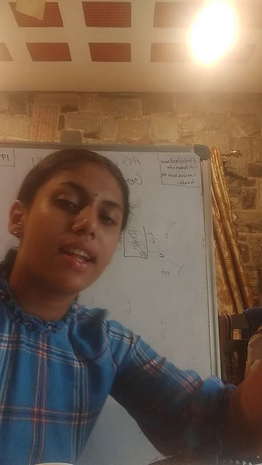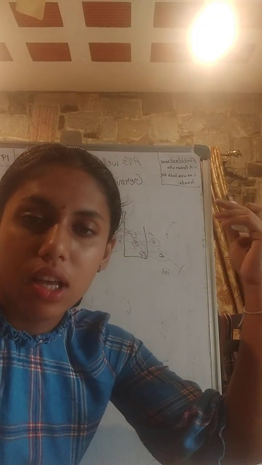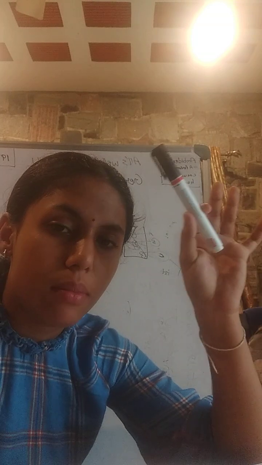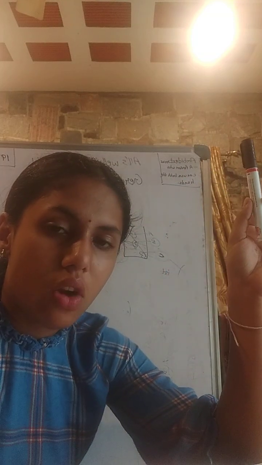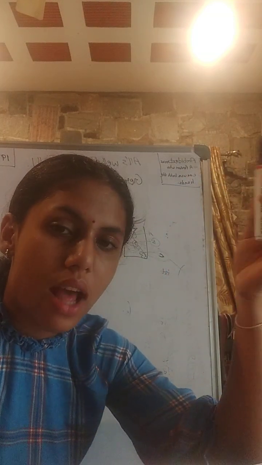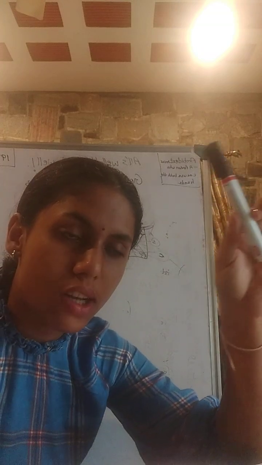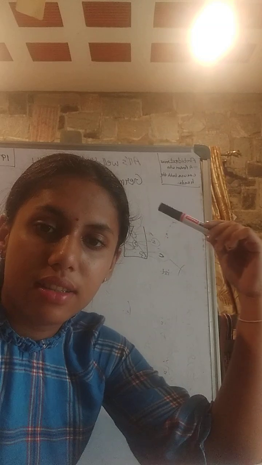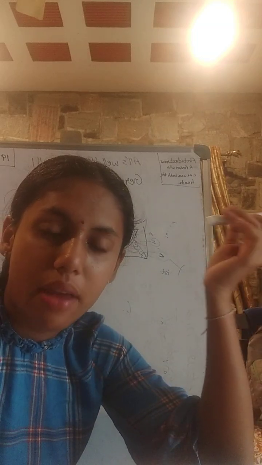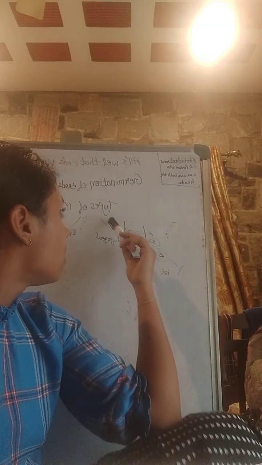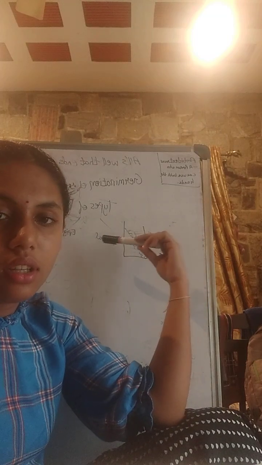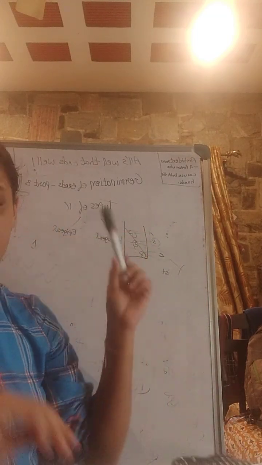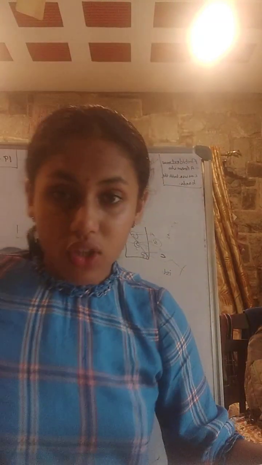The epicotyl is between the cotyledon and the plumule, the hypocotyl is between the cotyledon and the radicle. So that's what it is, the epicotyl and the hypocotyl. Here there are two types of germination, the hypogeal germination and the epigeal germination.